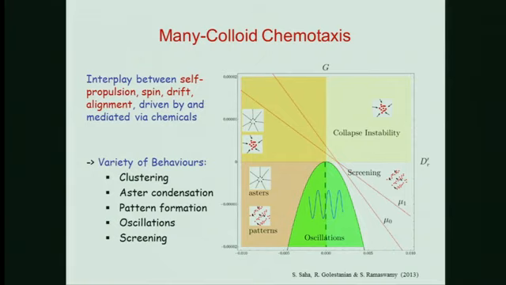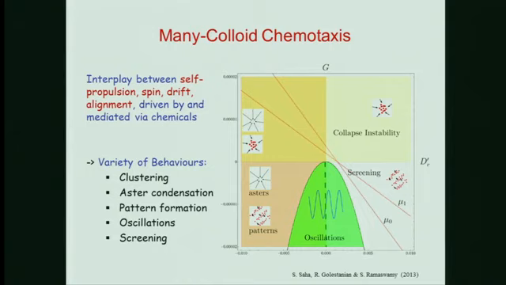You can probe the collective behavior of the colloids, and here is a sketch of the kind of behavior that we can get. As it turns out, this has been derived by probing into the spectrum of the fluctuations of the density and the director field independently. When the density field becomes unstable, you will have something that you can call a cluster formation.